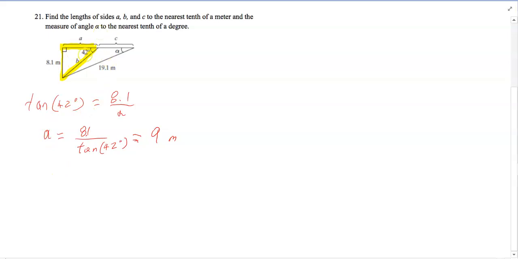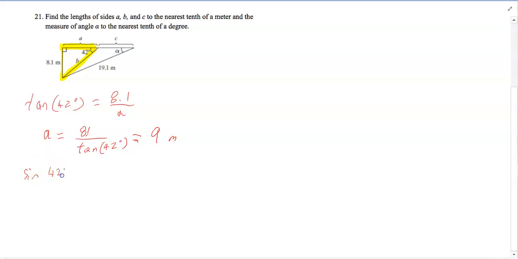We're trying to find B. B is going to be the same triangle. B would be the hypotenuse of this triangle, which includes 42 degrees. We could use a trig function. Alternatively, since you now know A and the other side, and you're looking at a right triangle, you could also use the Pythagorean theorem. But let's use trig. So B is your hypotenuse, and 8.1 is your opposite side. Therefore, we can think of sine, because we have opposite and hypotenuse.